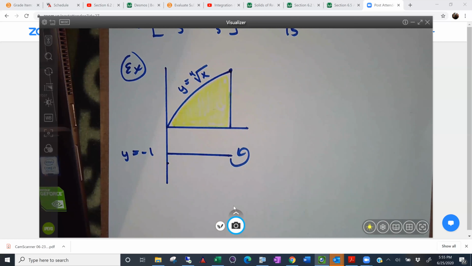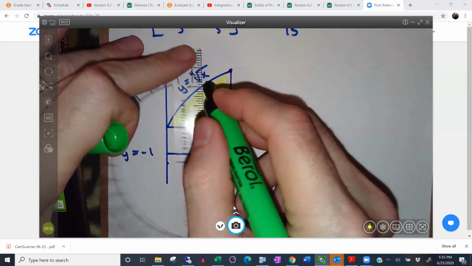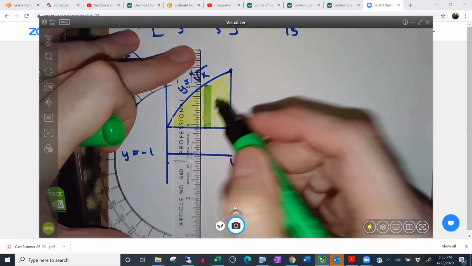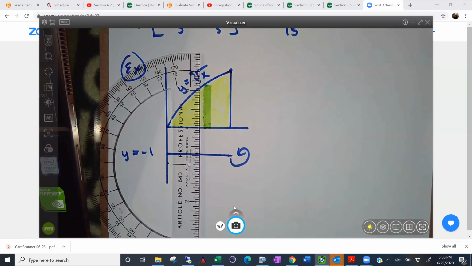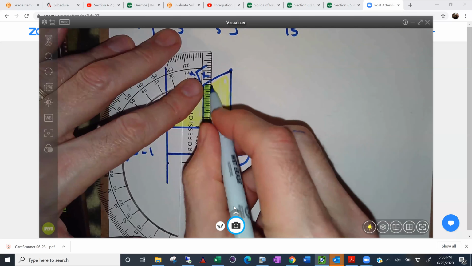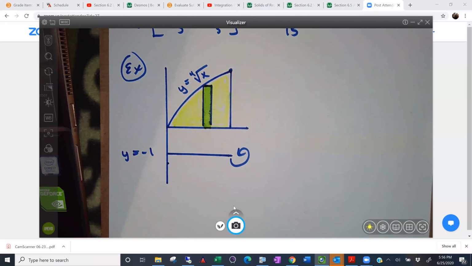So if we follow along with my guidelines, you're going to take a slice perpendicular to your axis of rotation. What kind of a slice am I going to take? Yep, has to be a dx slice. So let's put that in here. Like that. So that's our dx slice.